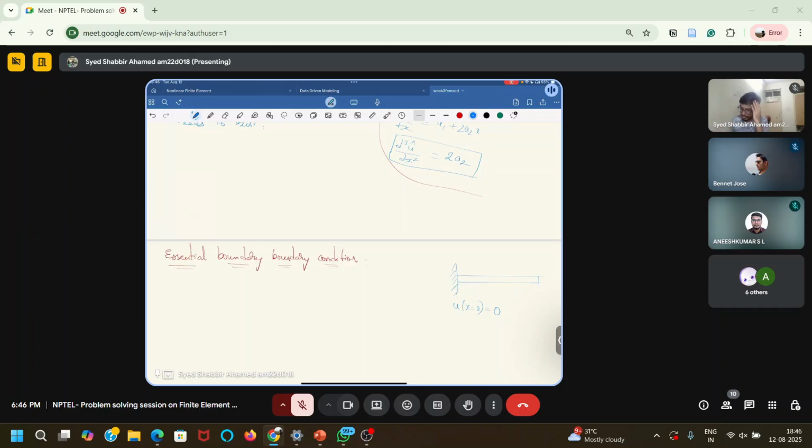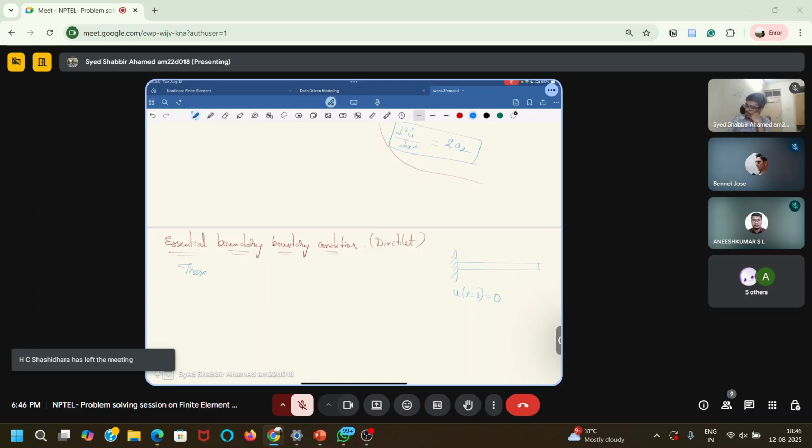This has to be satisfied by your approximate solution. No matter what approximate solution you take, this condition should be satisfied. Or you can also call it the Dirichlet boundary condition.